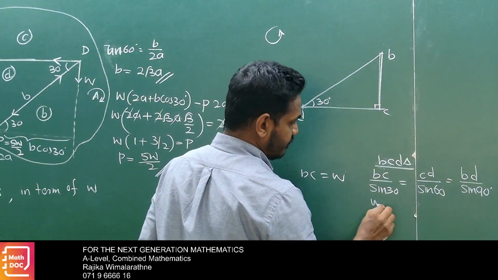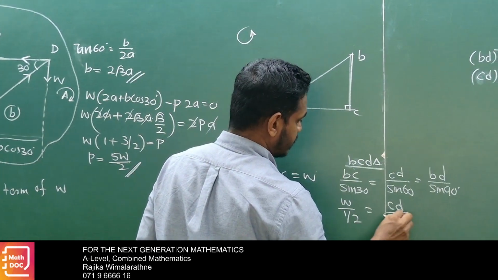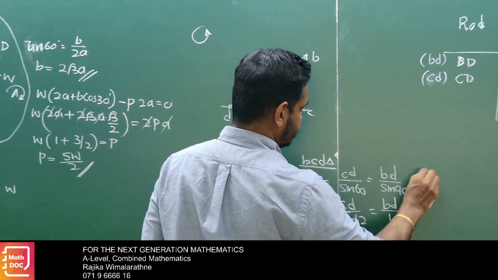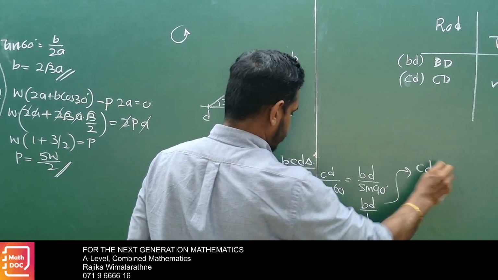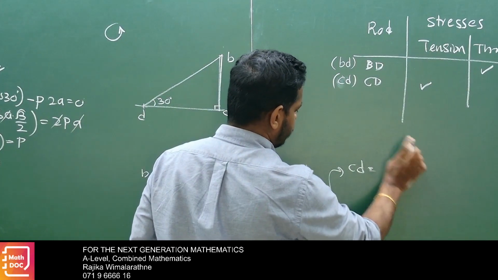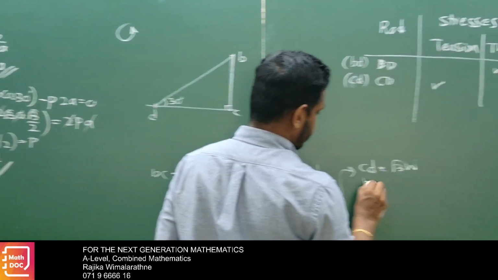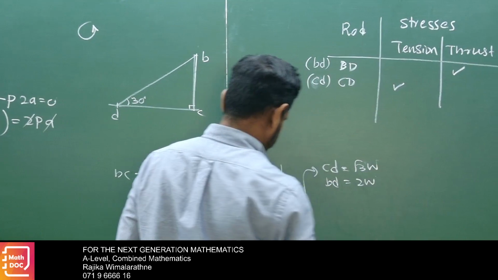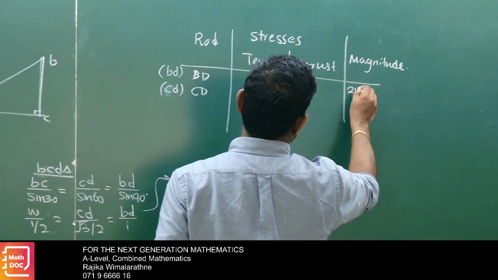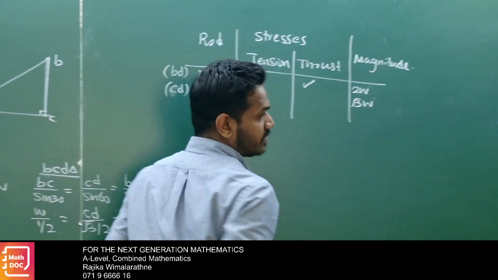BC value W, sine 30 is half, CD sine 60 is root 3 over 2, BD over 1. Then by this you can find the CD value, root 3 W, and the BD value 2W. So BD is 2W, CD is root 3 W. Okay.